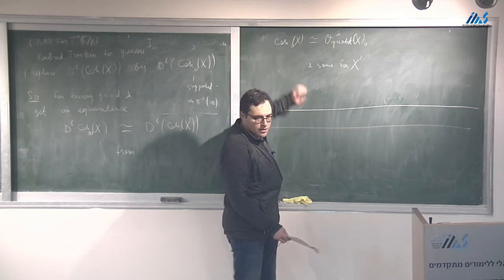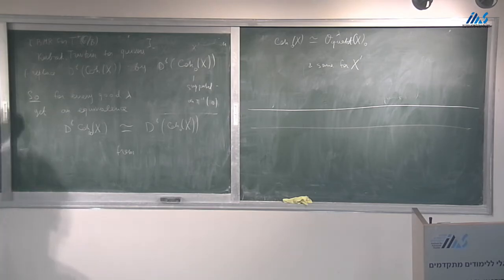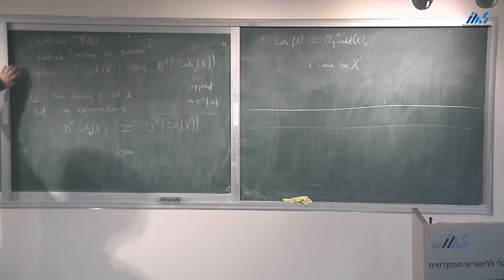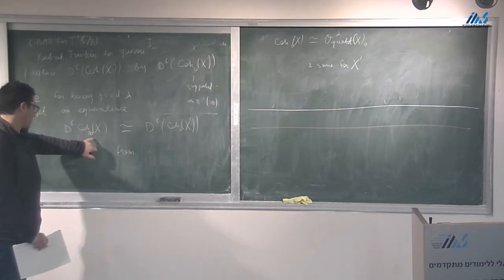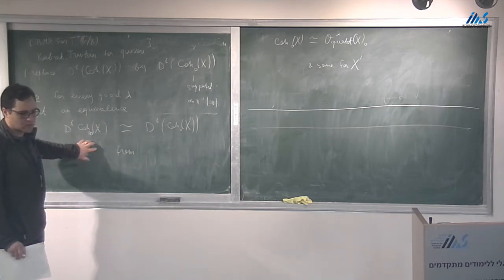In fact, this is relevant somewhat because, if I don't want to spend time on this, but using this, you can improve it and untwist the Azumaya algebra and work with the whole X, not just with the formal neighborhood of the fiber.